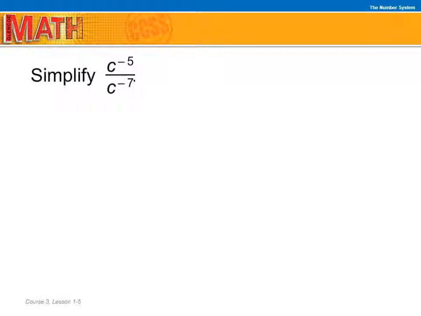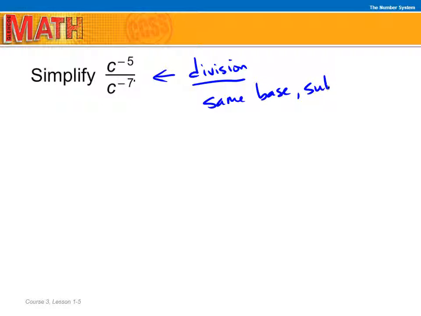In this example, we're being asked to simplify c to the negative 5th power over c to the negative 7th power. Recall that fractions are division, and when we divide with the same base, we subtract our exponents.